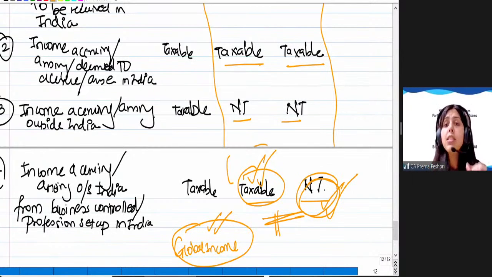Why will he be taxed? Because Indian sourced income is considered taxable for RNOR also, for NR also. Only the tax rates will differ. Are you understanding? Income accruing or arising in India is taxable for RNOR also, for NR also.